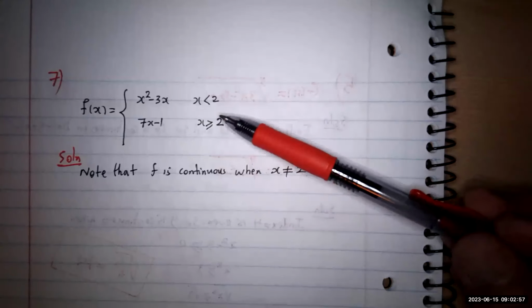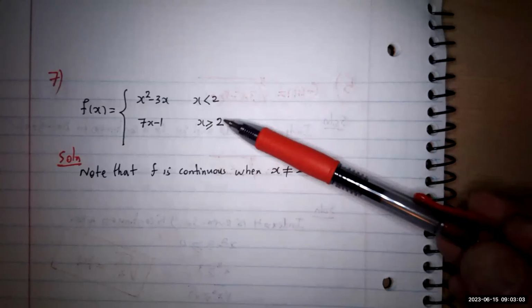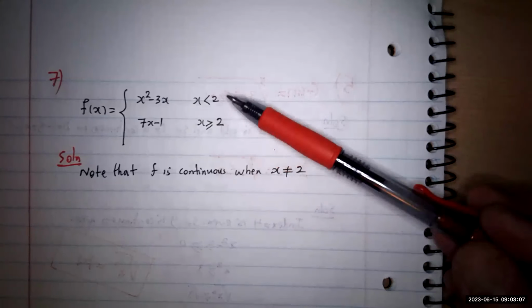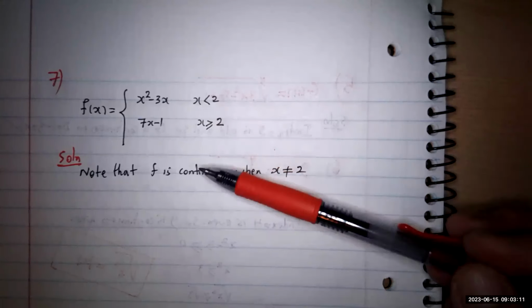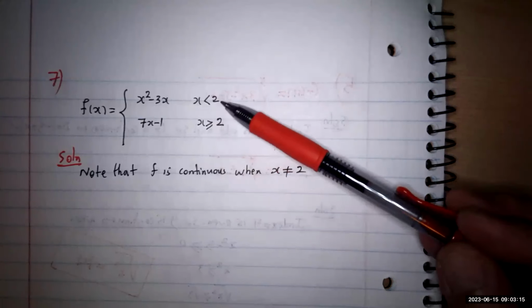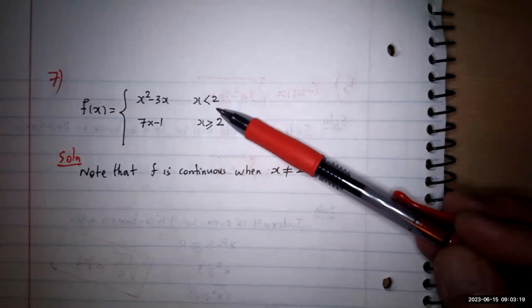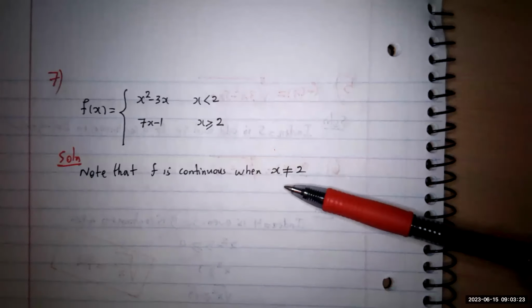Since it's a piecewise defined function, you have to check the right and the left limits all the time. If the right and the left limits are the same, they are connected to each other, so the function is continuous at 2 and continuous forever. If the right and the left limits at 2 are not the same, the function is not continuous at 2, so it would be continuous everywhere except at 2.